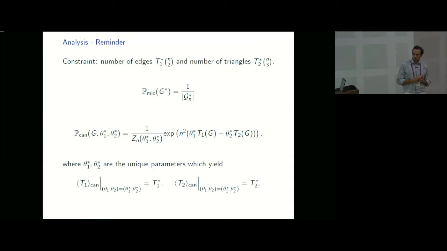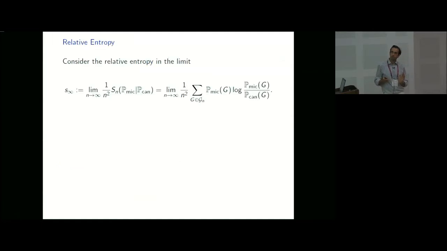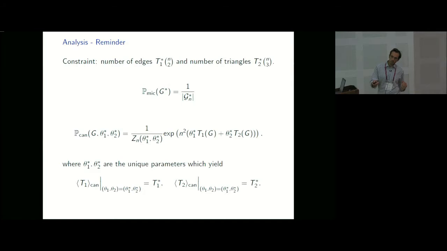And we see here that the starting point in our research is that instead of general parameters θ1 and θ2, as was considered until now, we start with fixed constraints. So we don't know a priori what the parameters θ1 star and θ2 star are, but we know the constraints. So we have to find a relationship between the constraints and the corresponding parameters.